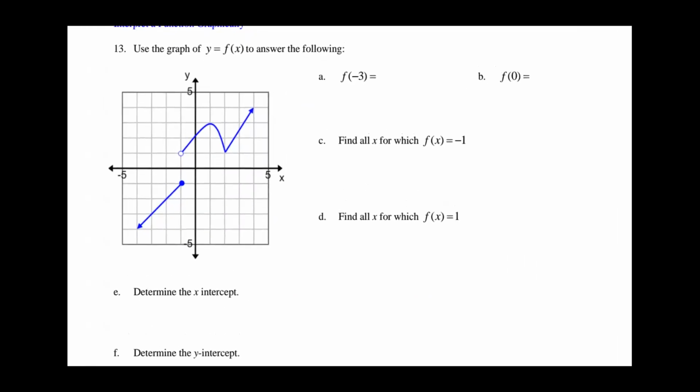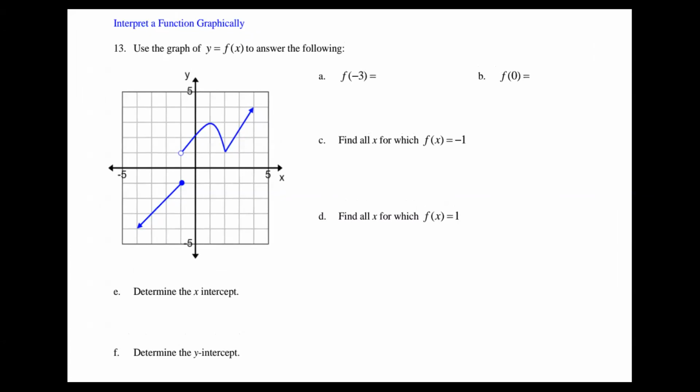So that means this -3 is the x value. So let's go to x equals -3. Where does it meet the graph? It's meeting the graph at -3. So this means f of -3 is going to be -3.